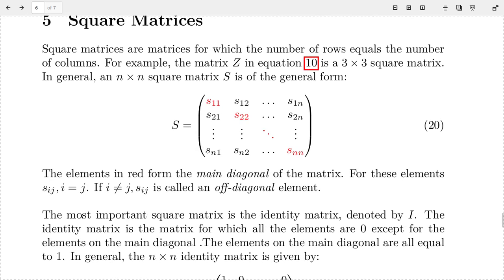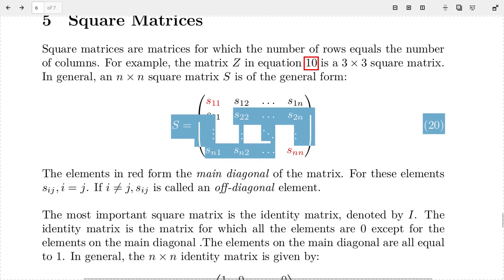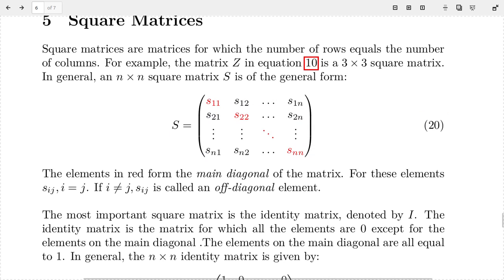All right, square matrices. Square matrices are matrices for which the number of rows equals the number of columns. In general, a square matrix is of this form, given in equation 20. This is an n by n square matrix. Of course, the red elements are the diagonal elements, and the other ones are the off diagonal ones.